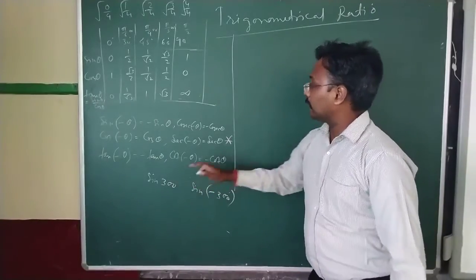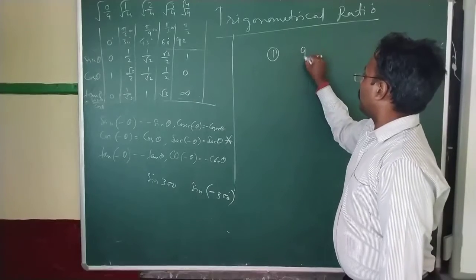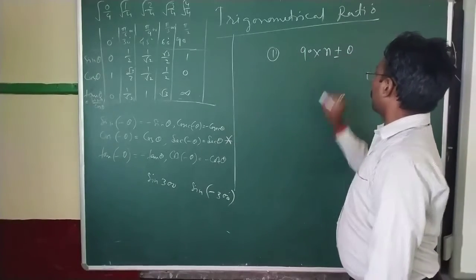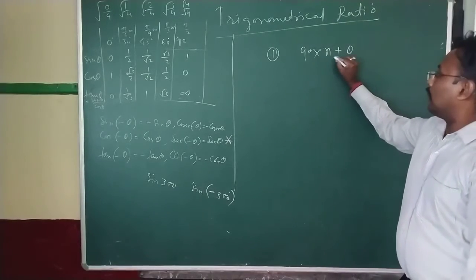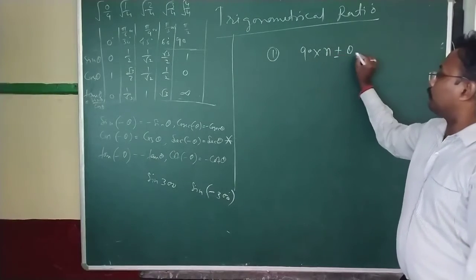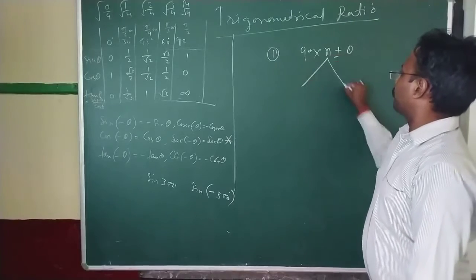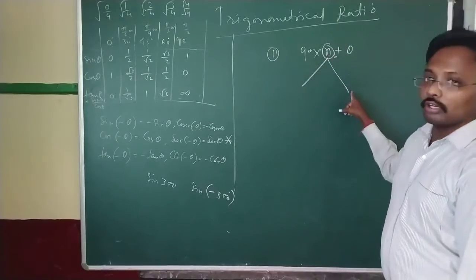If the angle is greater than 90 degree, the first step is to get the angle in the form of 90 into n plus theta or minus theta. Okay, theta is an acute angle and the value of n will be 0, 1, 2, 3, 4, and so on. Now there are two things you need to remember. This n can be an even number or it can be an odd number.